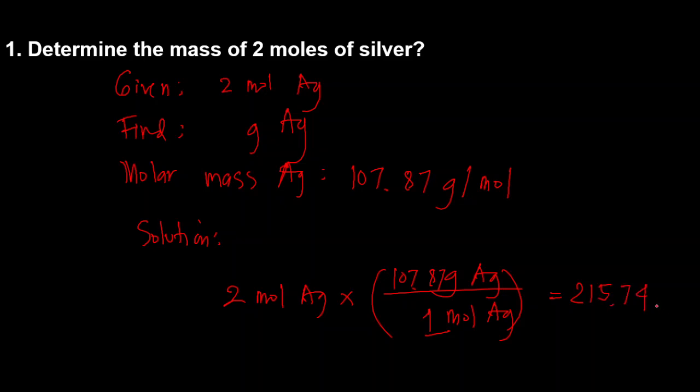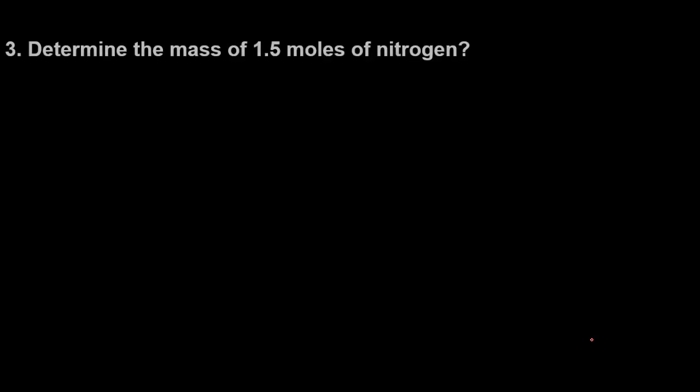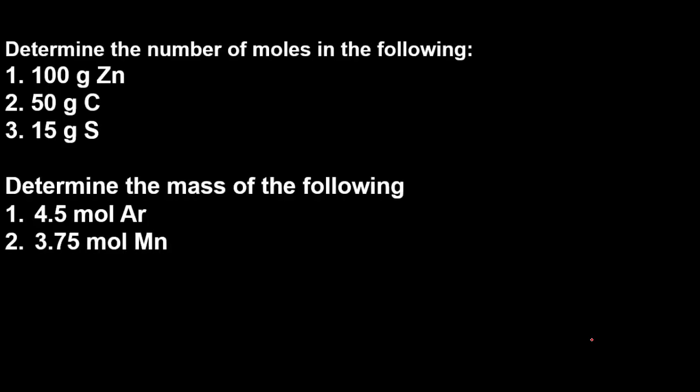Cancel the mole. The unit is grams of silver. So 2 moles of silver is equal to 215.74 grams of silver. Those are some of the problems under the conversion from moles to mass. You can try to solve this one.